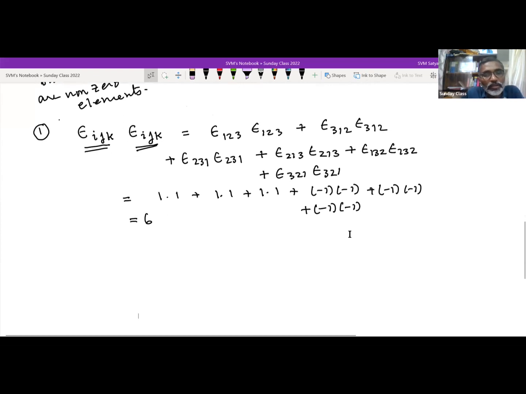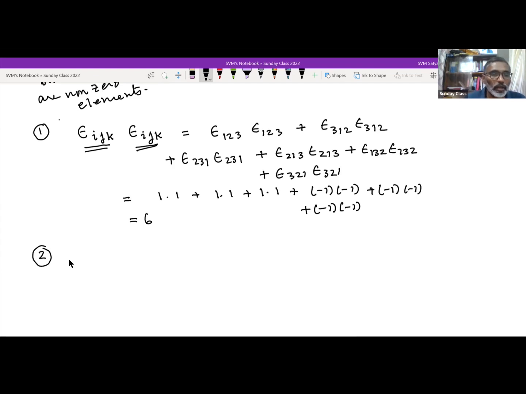Otherwise you have to write 27 terms like this. Since only 6 of the 27 terms are non-zero, we are writing only those. Okay, if you understand this, then we will go to the next thing.